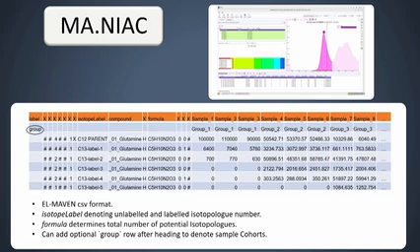What that allows then is for a CSV output with your compound of interest, so in this case glutamine with carbon-12 as your M0, and the molecular formula for it. So with that molecular formula you can then predict what your remaining mass isotopologues are going to be. So for C5 you'll have up to 5 mass isotopologues.